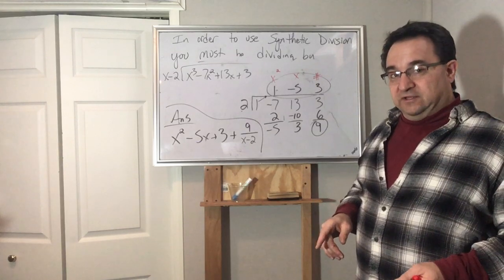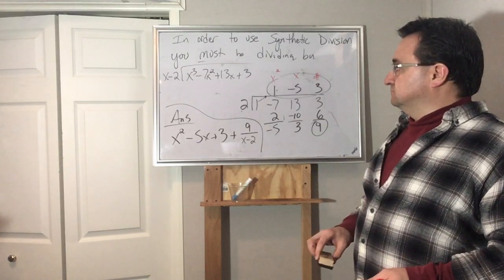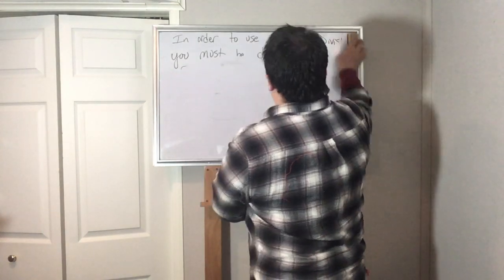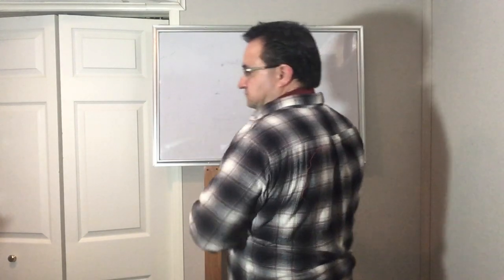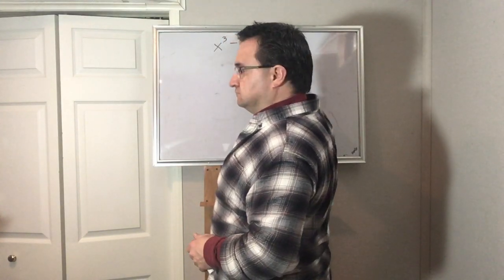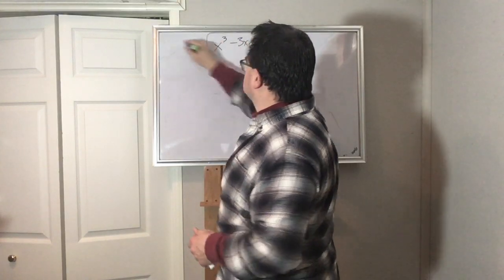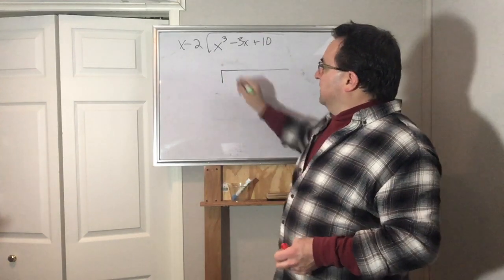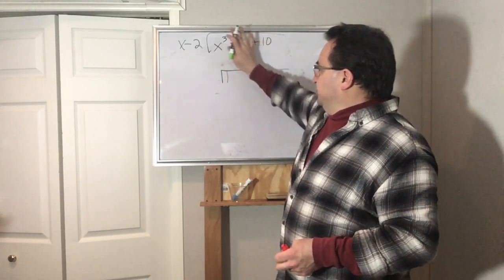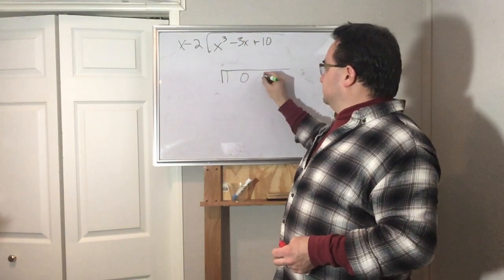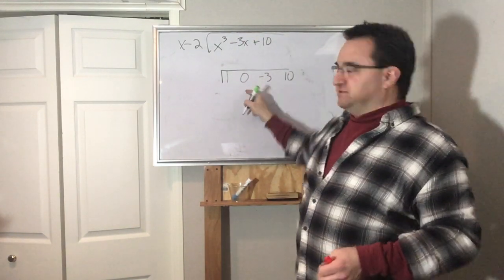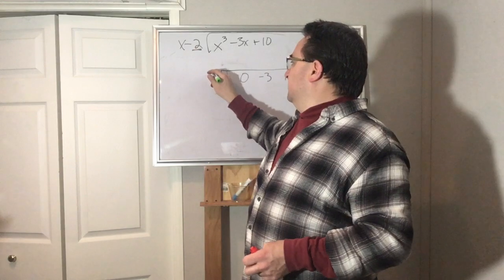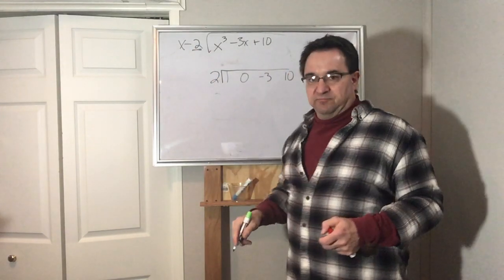Let's try that second one we did. Here we go. We're going to do it synthetically. So I have 1x cubed, no x squareds, minus 3x's, plus 10. See, I still have to put that placeholder in. And this has an x minus 2, so I just steal the number part, but I switch the sign. It was minus, so I put plus.